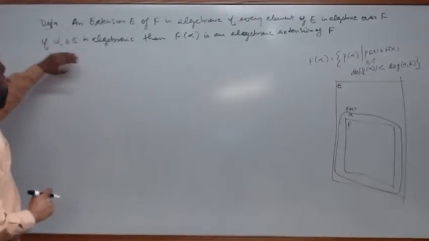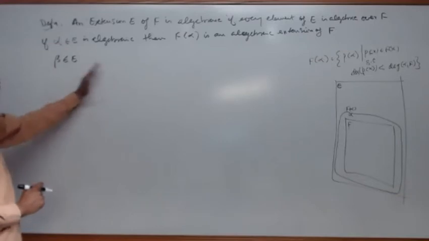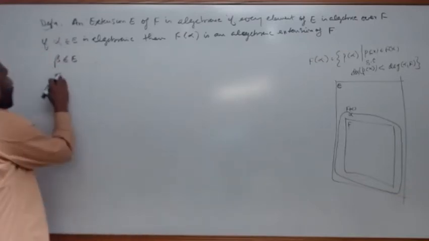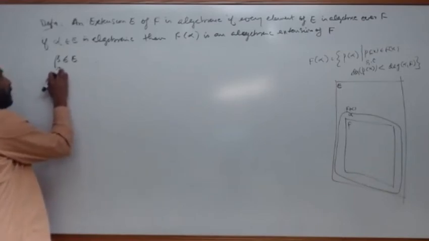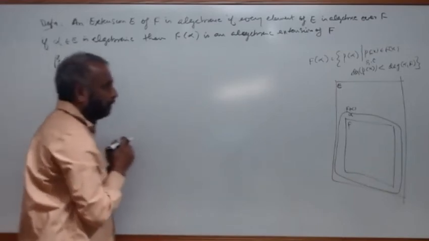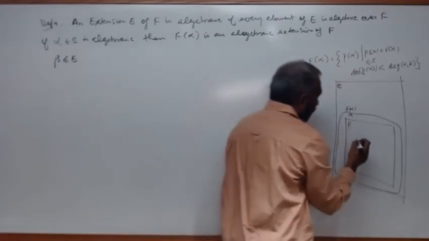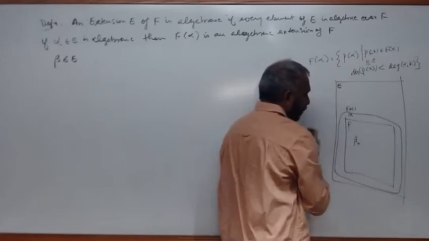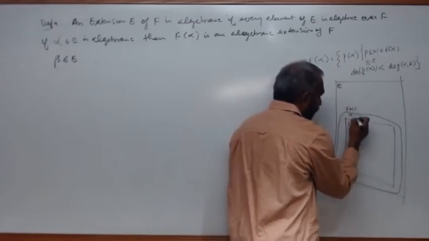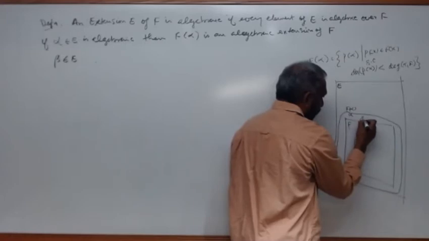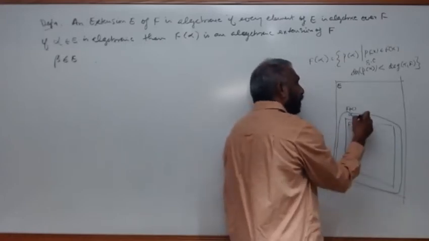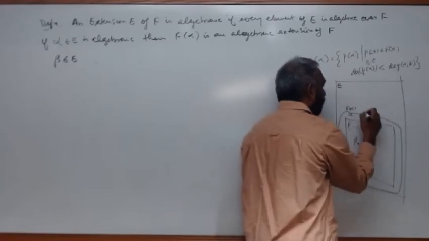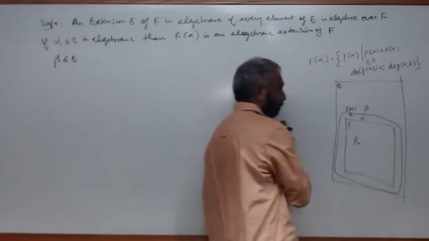Now we are going to extend this to include several elements from E. So we are going to take another different element beta other than alpha. This beta can be here, let's call it beta 0, or beta can be inside F(alpha) outside F, beta 1, or it can be outside F(alpha) still inside E, beta 2.